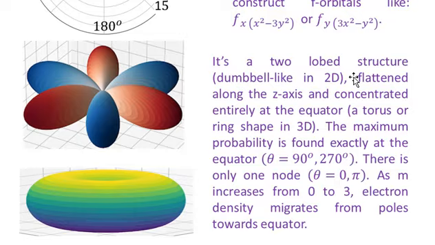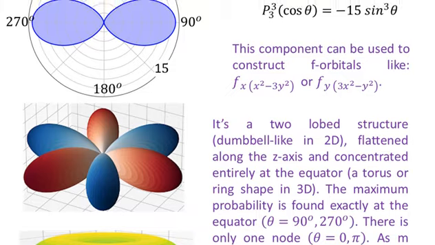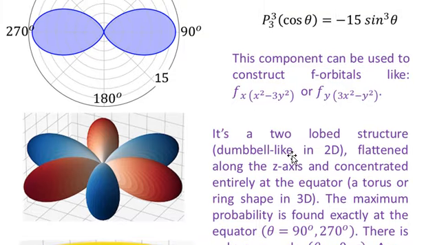It is a 2-lobe structure, dumbbell-like in 2D, as shown in the polar picture, flattened along the z-axis. So it is a flat structure along the z-axis and concentrated entirely at the equatorial plane, in the form of a torus or ring shape, as far as the three-dimensional picture is concerned.